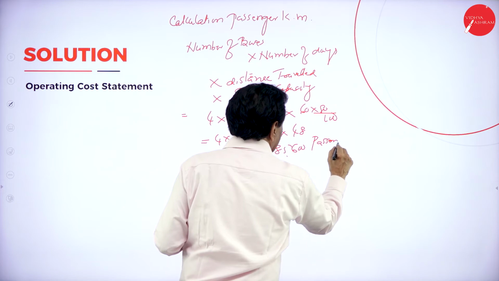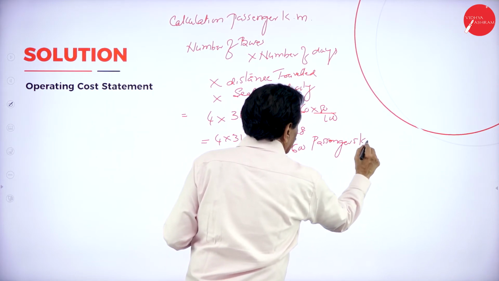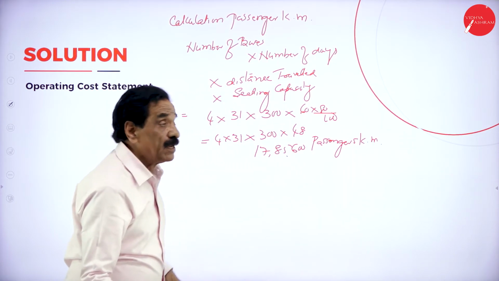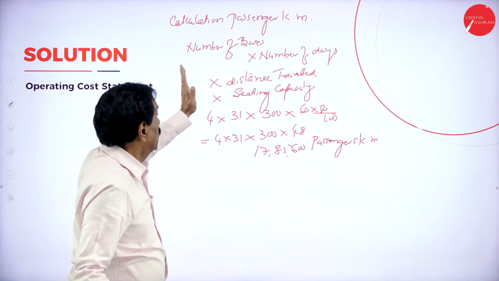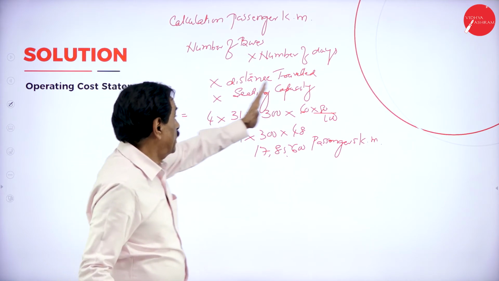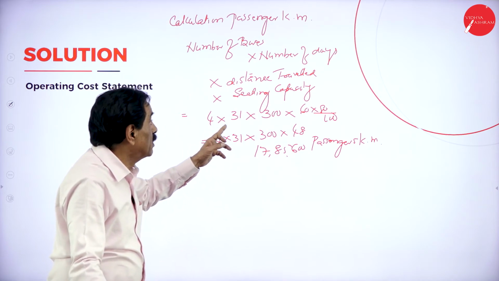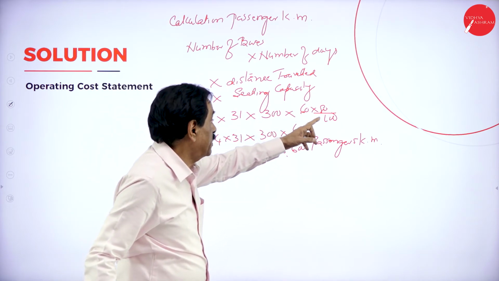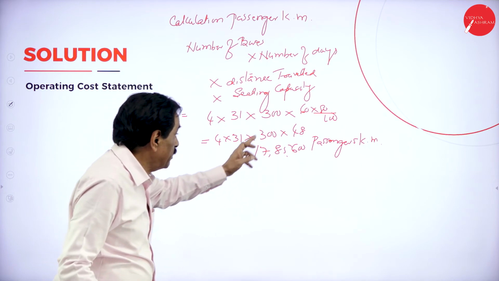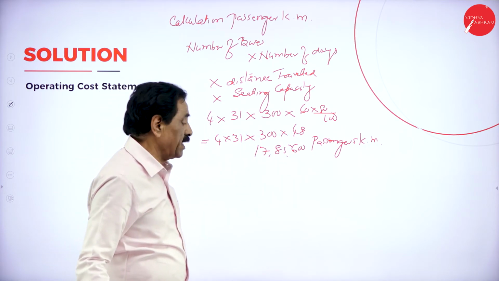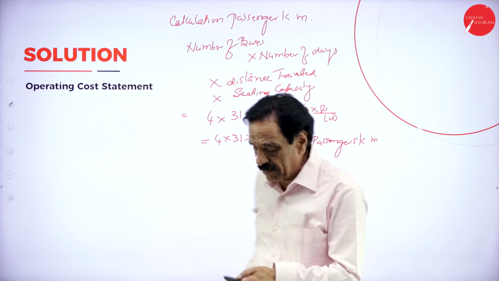Passenger kilometers. Number of buses, number of days, distance traveled, seating capacity. Number of buses is 4, 31, 300, 60 by 80. 4 into 31, 300, 48 is 17,85,600.